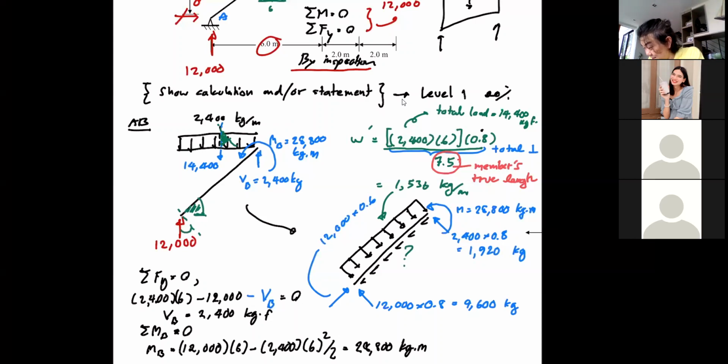Okay, and don't forget that you should have this as well. Okay, that's going to be this direction. Okay, so that is the true complete free body diagram of your member. Is there any question?